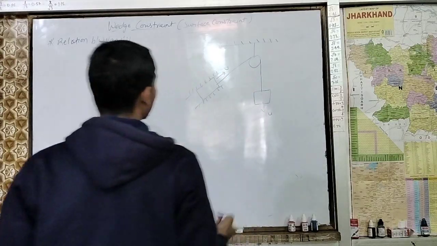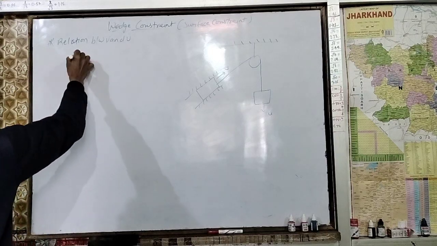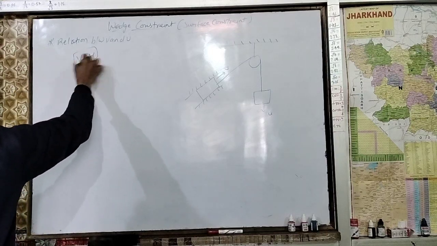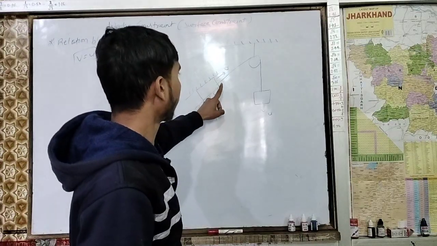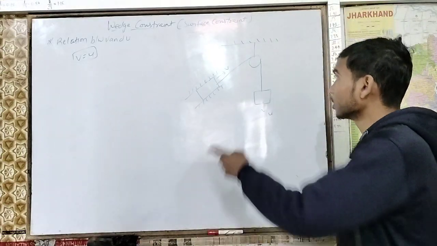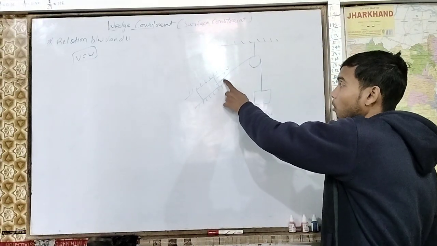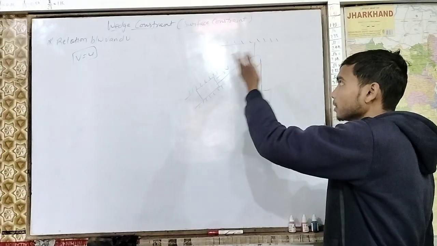So what will be the relation between them? The answer is B is equal to U. This is our answer. The reason is that on each point of the string the velocity will be the same. So the velocity at this point will be the same, at this point the same, and over here the same.